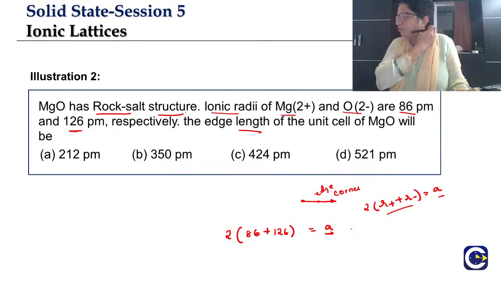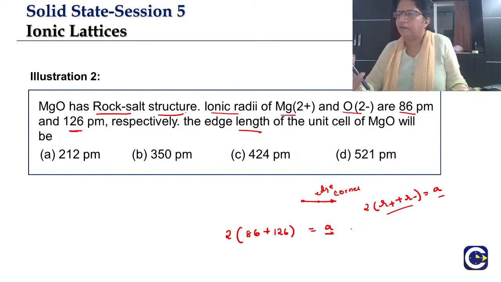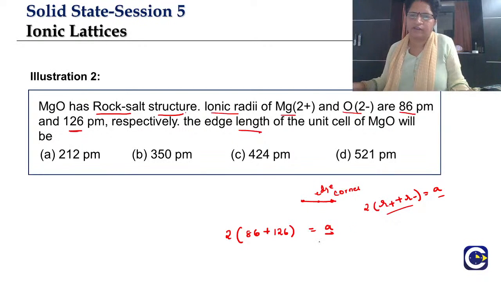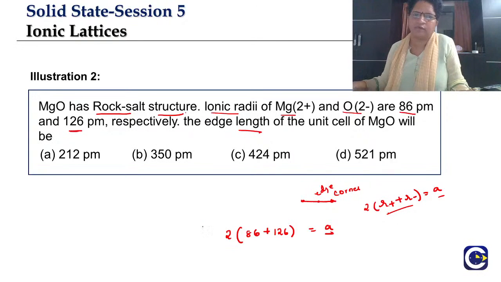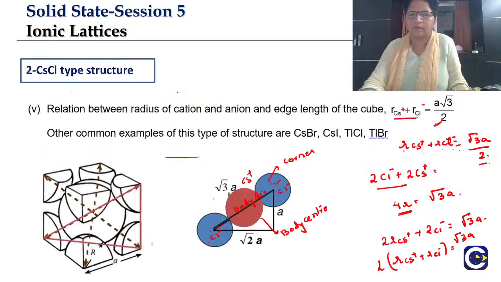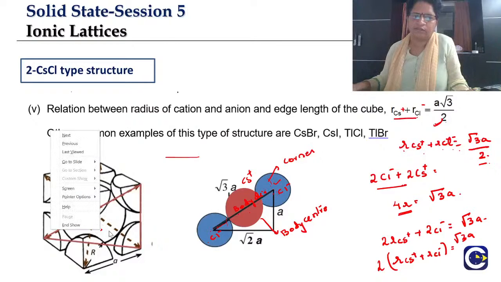Why did we take root 3a in the case of cesium chloride, and why am I directly taking this here? Because if you go with a body centered crystal lattice like cesium chloride, we get cesium and chloride ions only along the body. I mean these are at the corners, and only in the middle is the cesium ion.